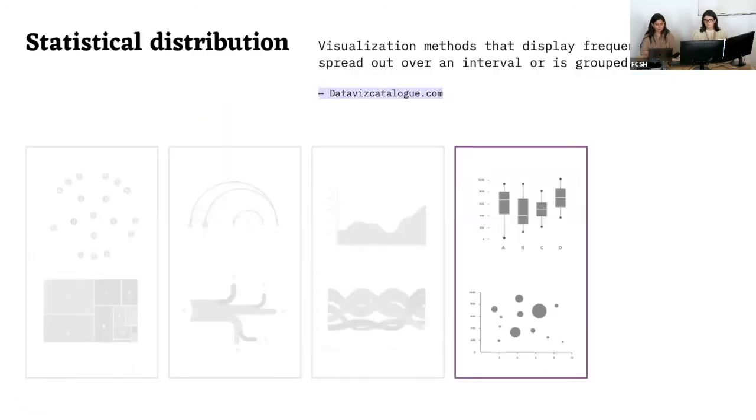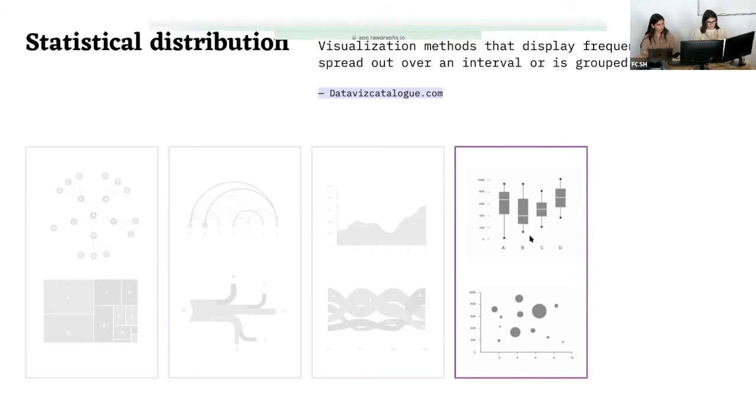So the last family is the statistical distribution one, necessary to display the frequency of a phenomena.